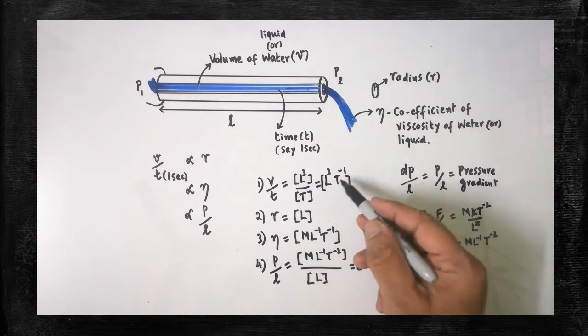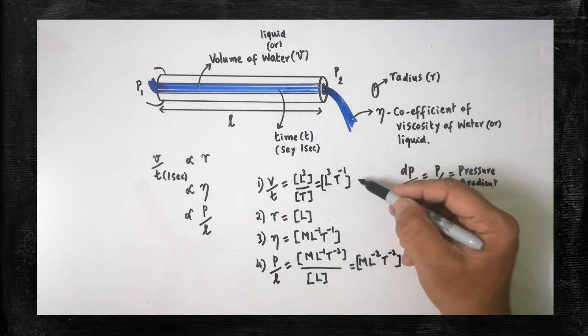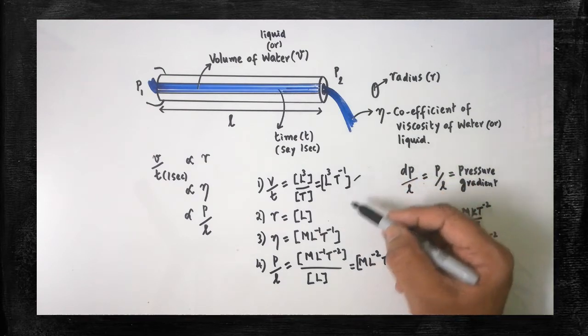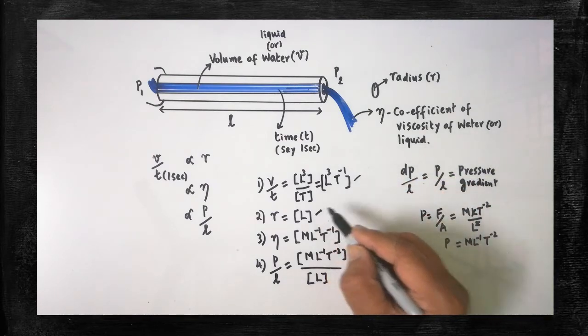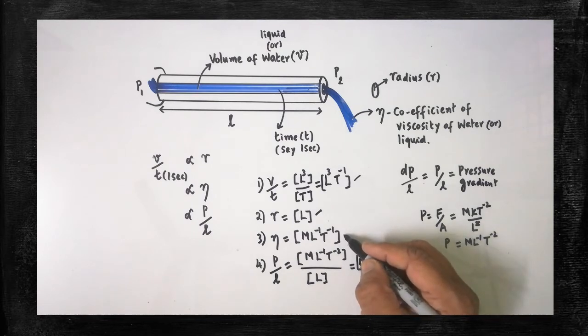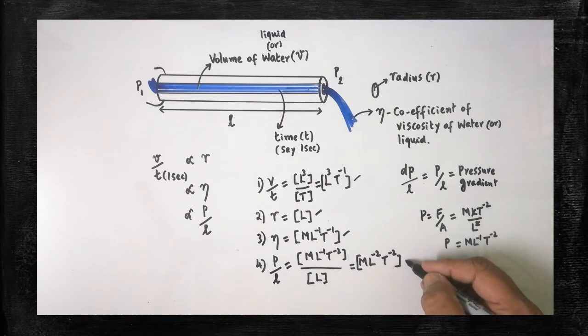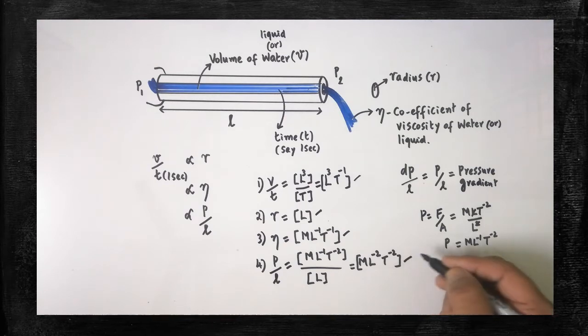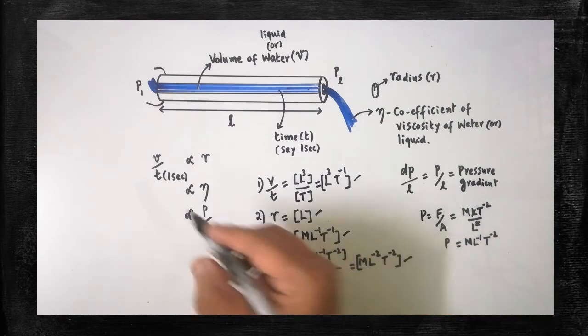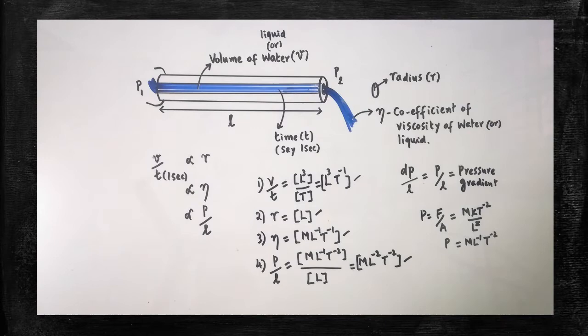So all the dimensional formulas are ready. V by T, its dimensional formula is ready. Radius dimensional formula is ready. Coefficient of viscosity, its dimensional formula is also ready. Pressure gradient, its dimensional formula is also ready. So you have to keep all the dimensional formulas ready, only then we are able to derive the expression for V by T. Understood?